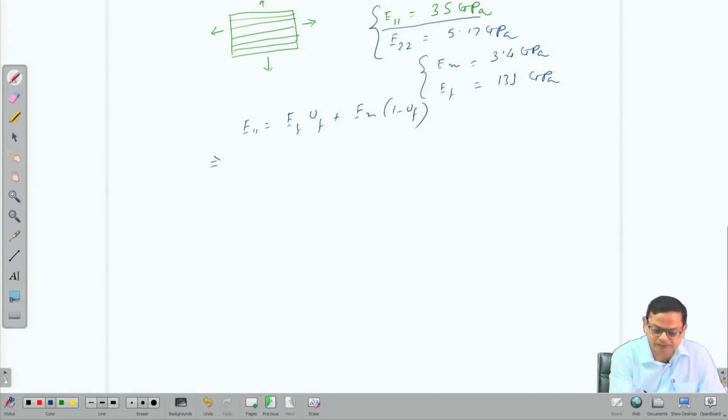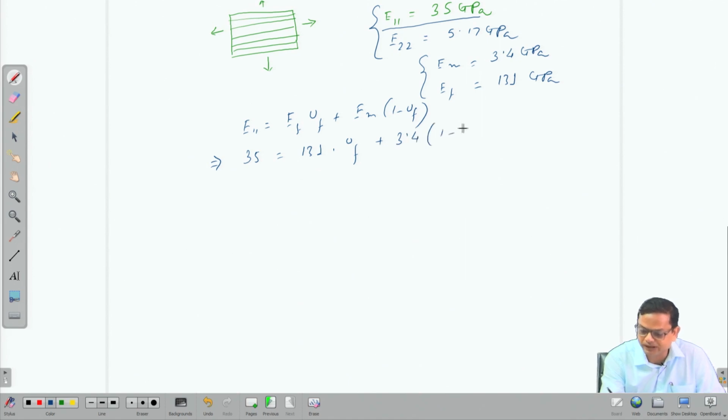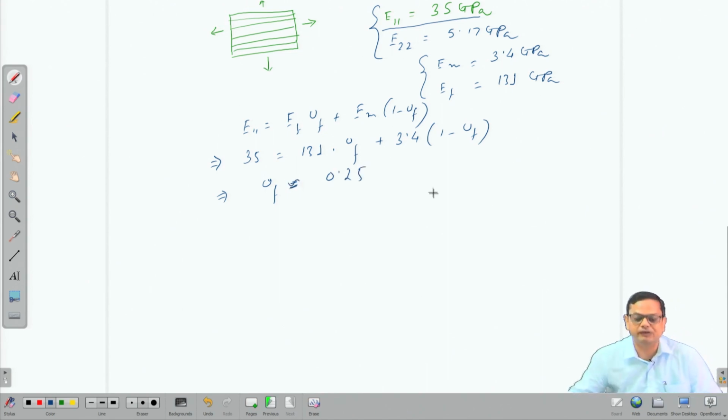So, 35 GPa equals 131 multiplied by Vf plus 3.4 multiplied by (1 minus Vf). From this equation you get the value of Vf as approximately 0.25.